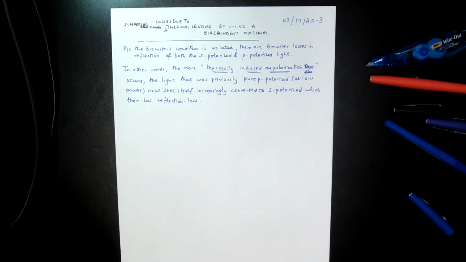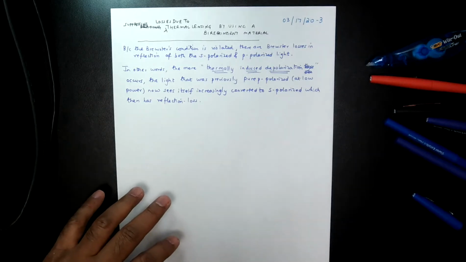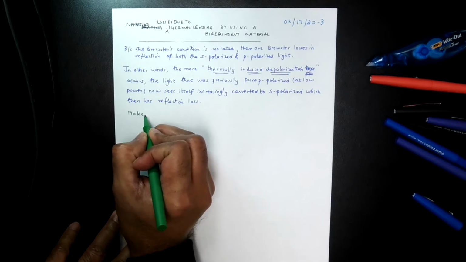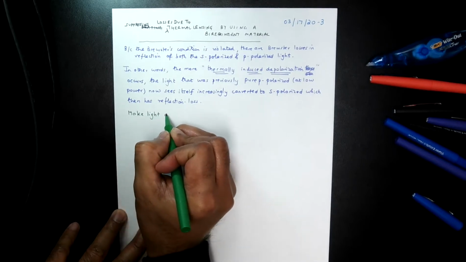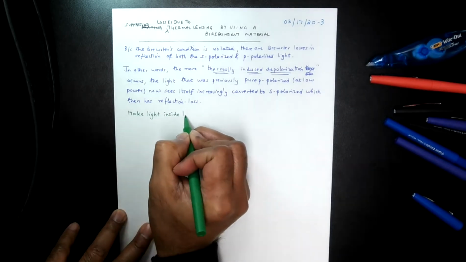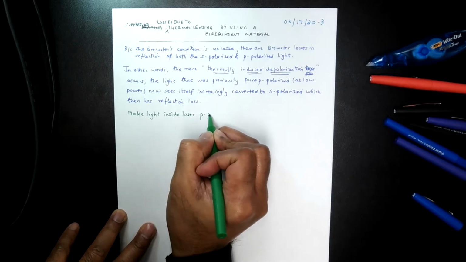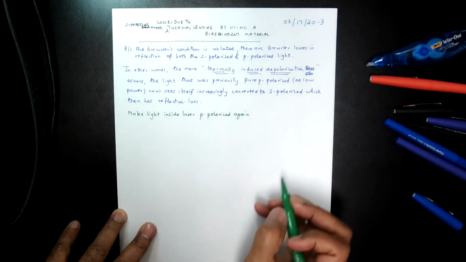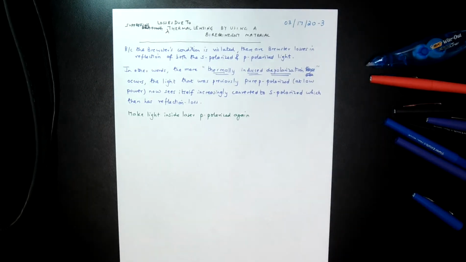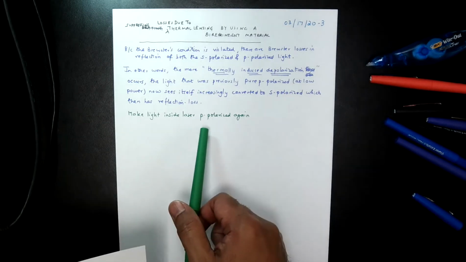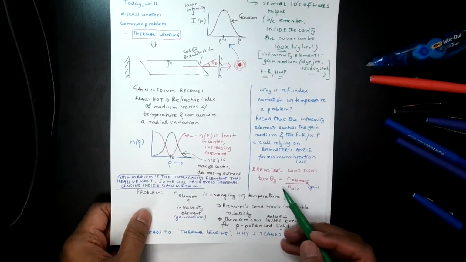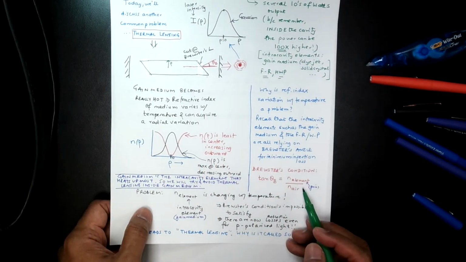So let's see. Make the light inside the laser P polarized again. So you're trying to make it P polarized. Now, just remember that there are losses in the P polarized also, because the Brewster's angle is not satisfied for P polarized light either.